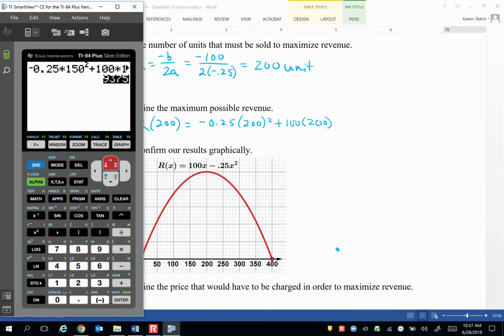I can go grab the equation I already typed in, and everywhere I see a 150, I will just change that to 200. That would be a quicker way to evaluate, because I've already typed it in. So that looks like it'll be $10,000.